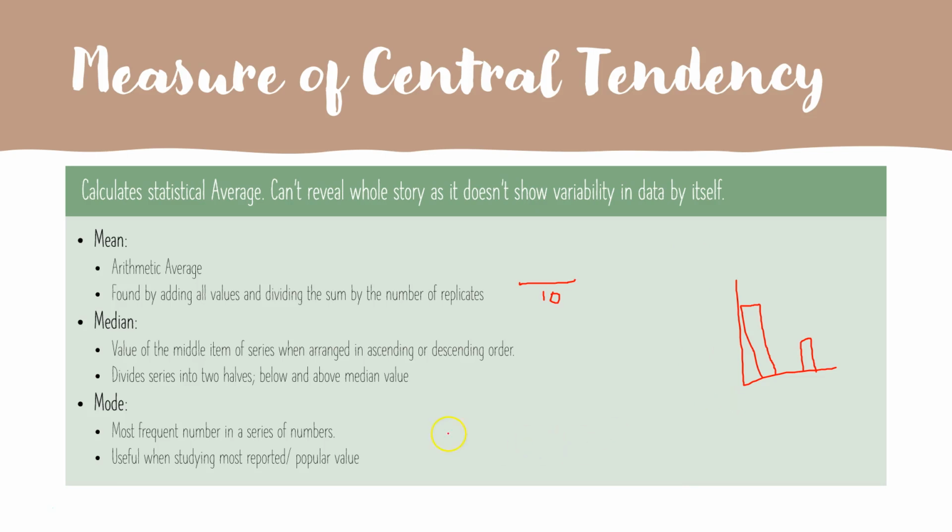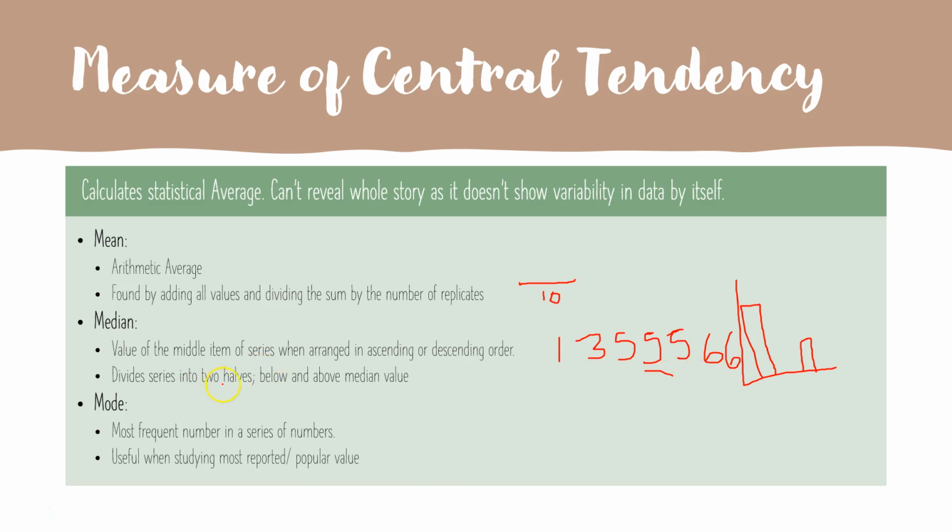And then a median would be the value that's in the middle of a series, when I arrange them from the lowest to the highest. So if I have 7 numbers, say 1, 3, 5, 5, 5, 6, 6, then my median would be 5, right? 3 numbers below and 3 numbers above it.